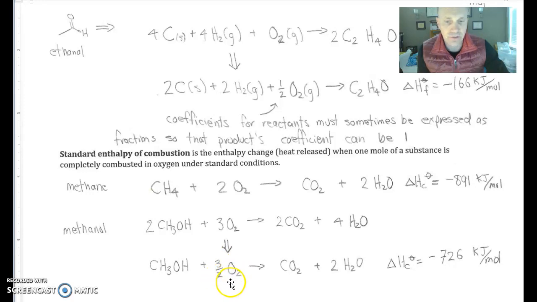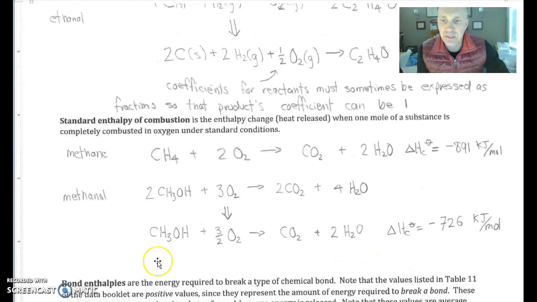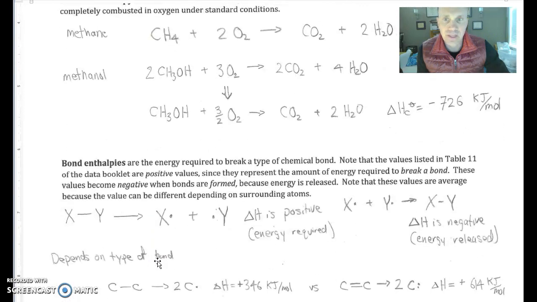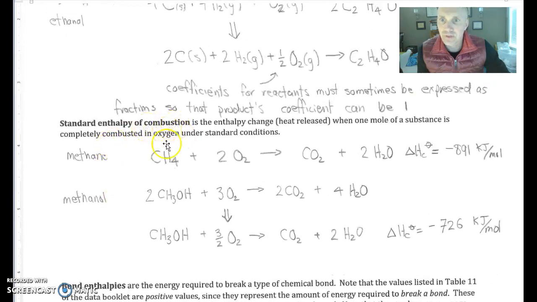And I know that looks a little odd, but when you practice these Hess's law problems, it gets a lot simpler. So again, you will end up getting your standard enthalpy change of combustion. You do this just by looking it up off that data table in the data booklet that I just showed you. And that's it for that topic.